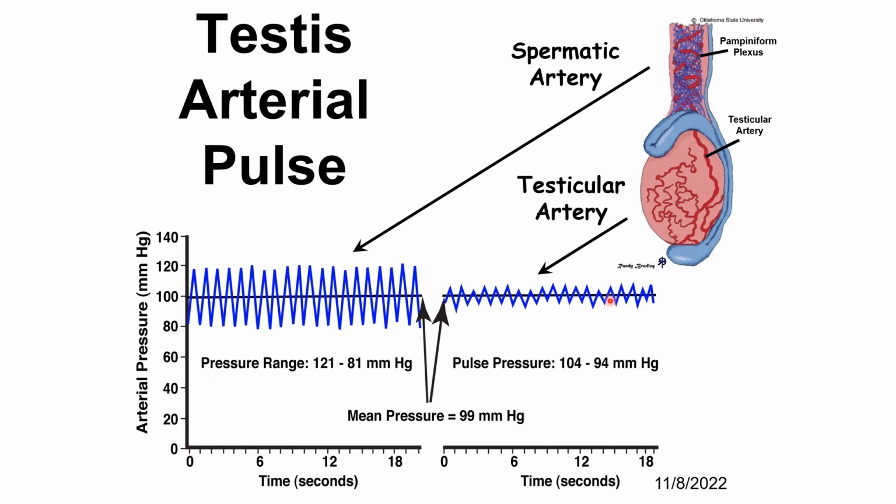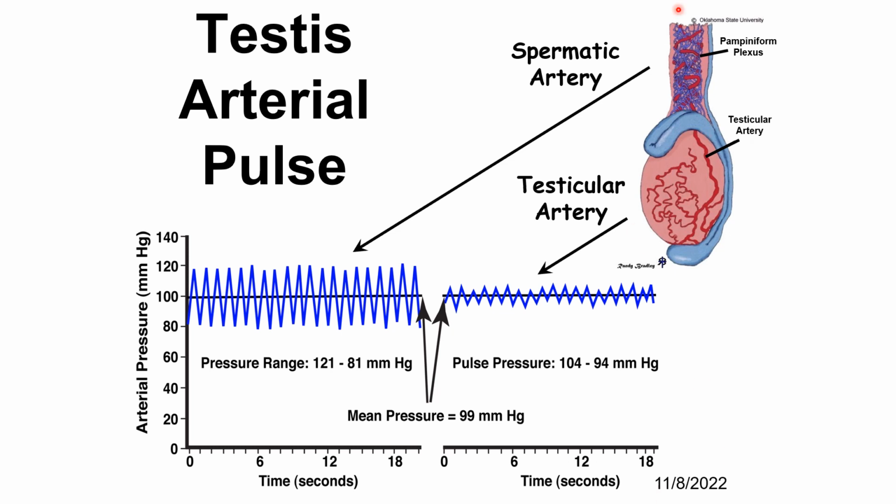In the spermatic artery, before it goes to the pampiniform plexus, the pulse is higher, at a range of 121 to 81, as compared to the testicular artery, which is only 104 to 94 mmHg. So the function of the pampiniform plexus that is seen in this figure is that it will reduce, or dampen, the arterial pulse or the pulse pressure in the testes.